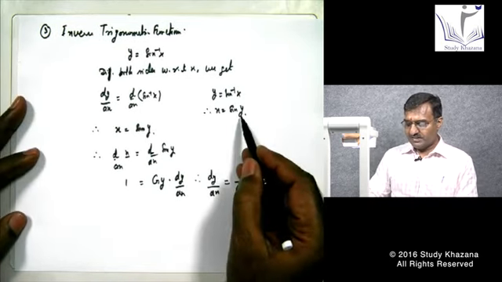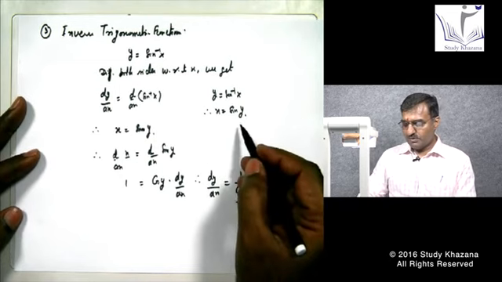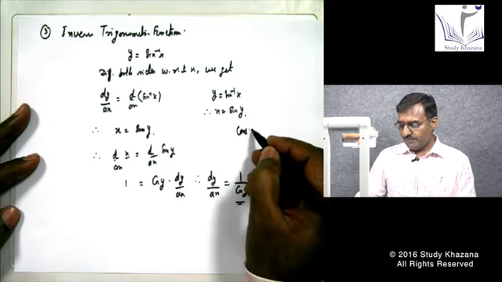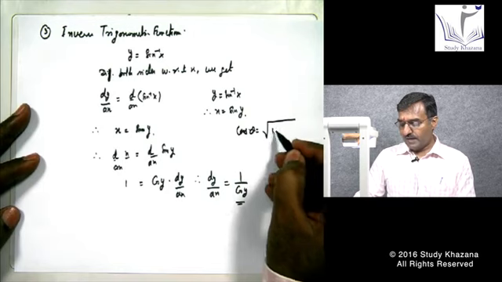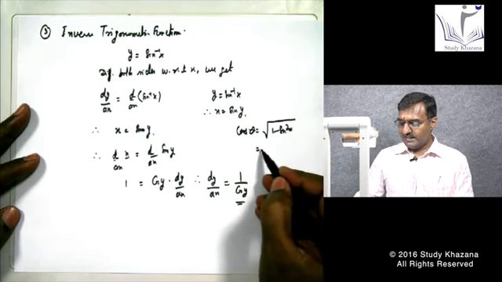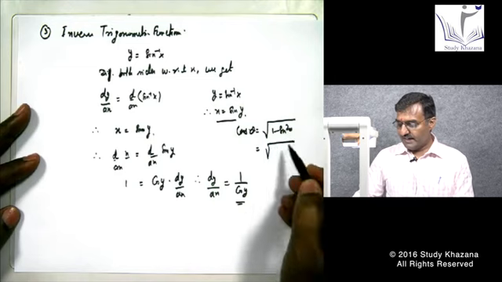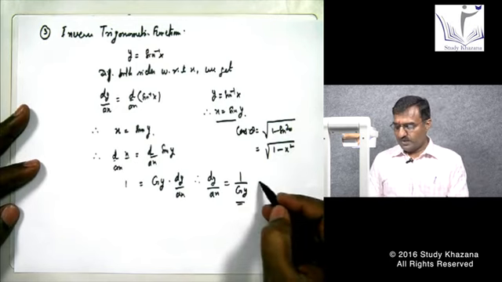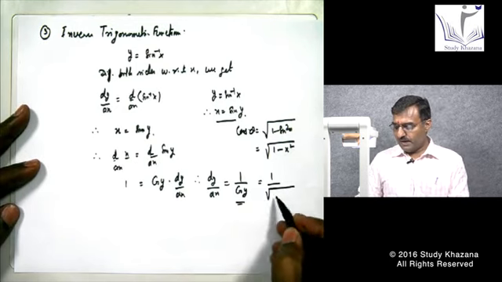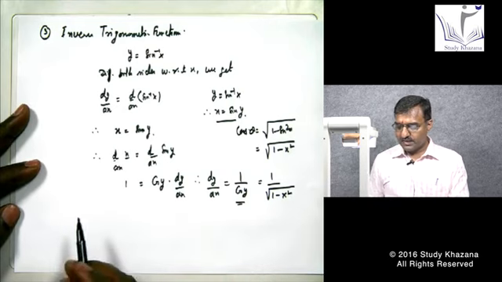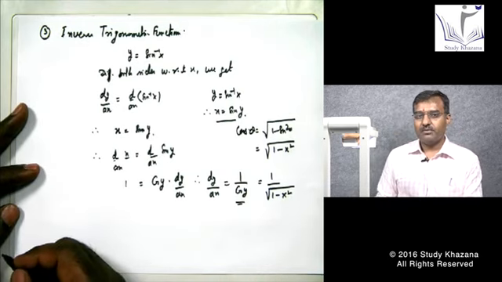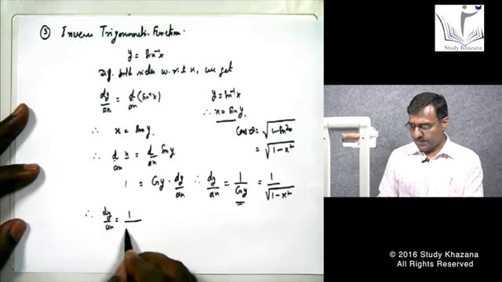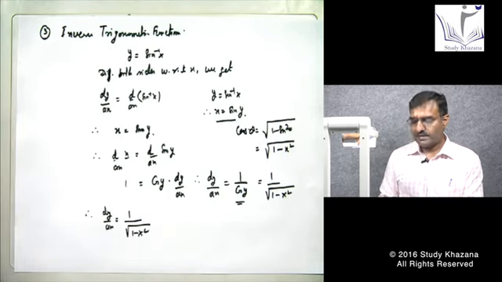Here you can see x is sine y, so in terms of cos y I can write, cos theta is equal to under root 1 minus sine square theta. So here I can write under root 1 minus x square. So cos y is nothing but under root 1 minus x square. So here we find the derivative of sine inverse x. It is dy by dx equal to 1 upon under root 1 minus x square.